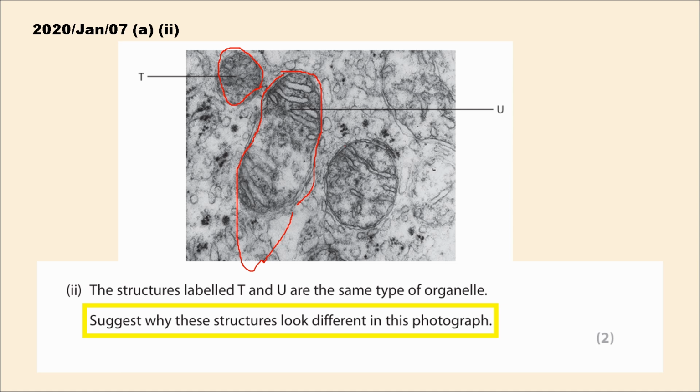Therefore, these two can look different. Also, before focusing on the microscope, the samples have to be prepared. During the process, the cells can be cut, and the mitochondria can be sliced. So therefore you can also see these differences in their shape.